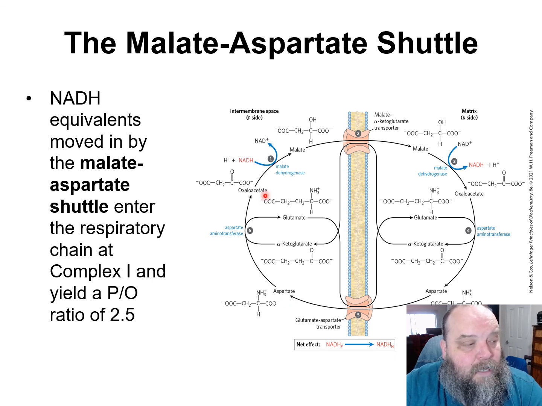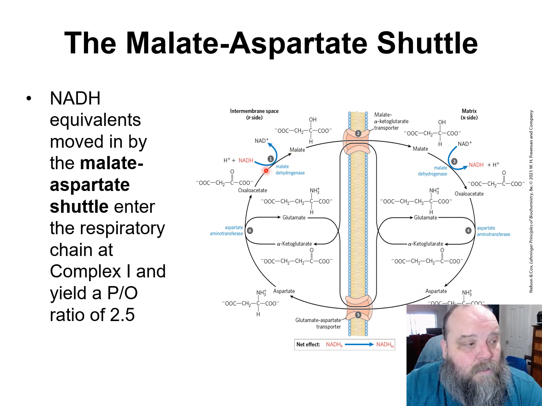Aspartate gets converted back to oxaloacetate using glutamate and alpha-ketoglutarate here. Alpha-ketoglutarate, which was in the mitochondria, gets transported out. Here's our malate-alpha-ketoglutarate transporter. It's an antiporter: malate in, alpha-ketoglutarate out. Our glutamate-aspartate transporter is also an antiporter: aspartate out, glutamate in.